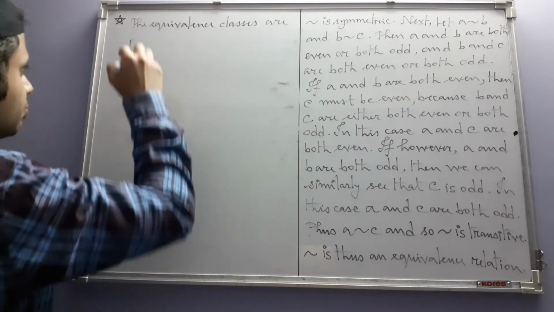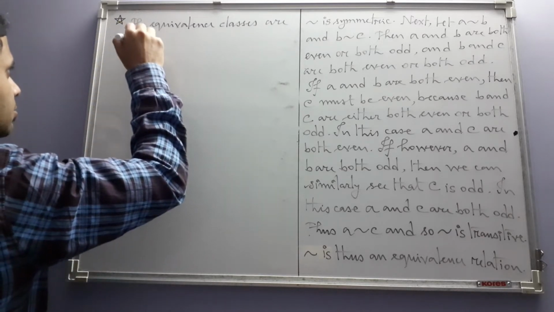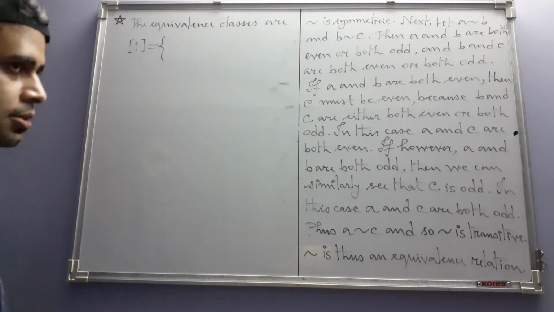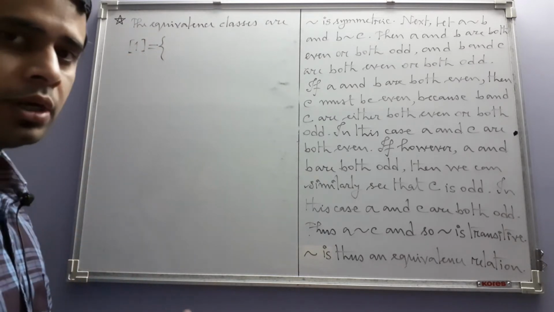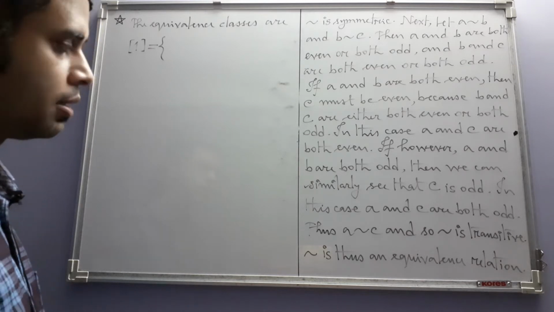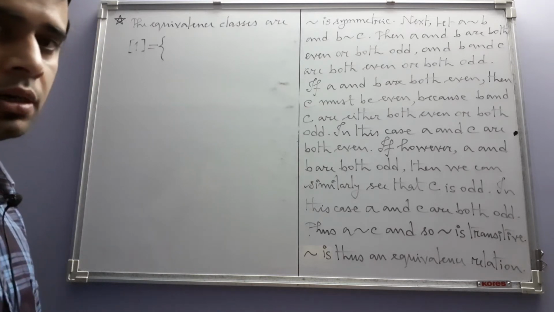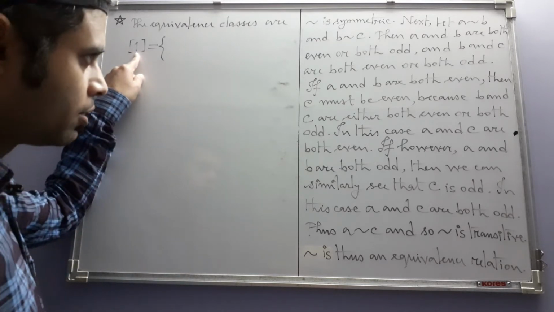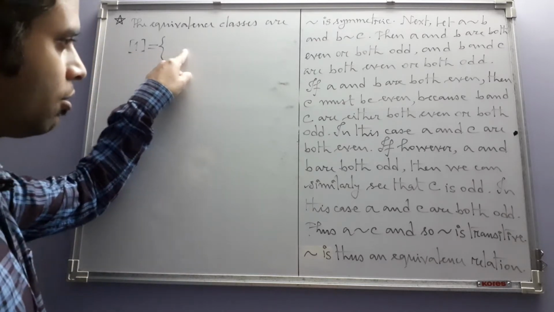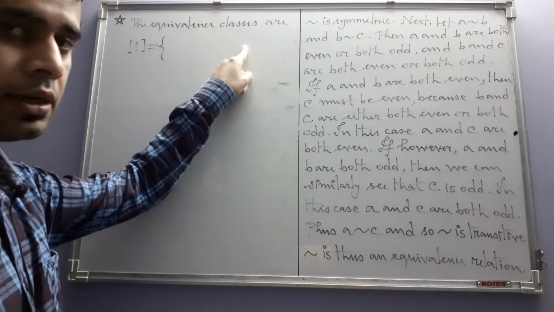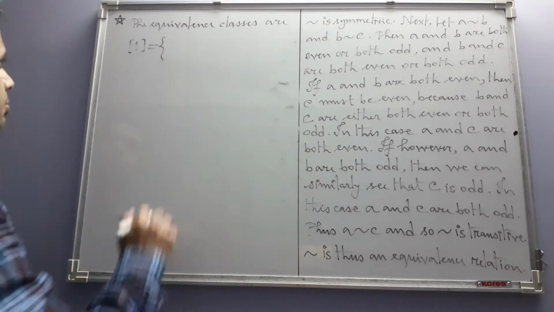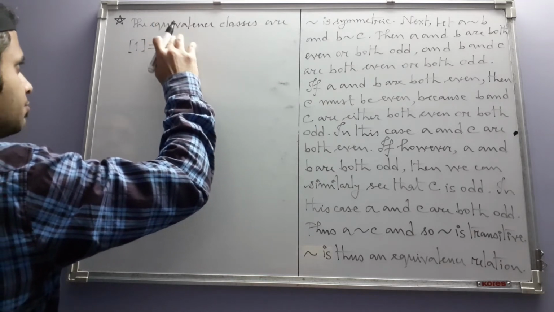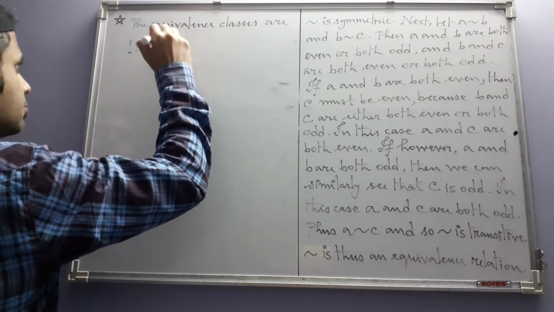So because the first element is 1, you see what elements belong to this. Two elements are related to each other if either both of them are even or both of them are odd. Now because 1 is odd, all the odd elements will be related to 1, and we will have 1, of course, is related to 1.